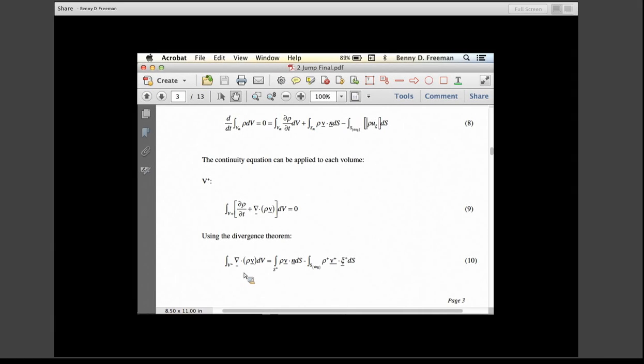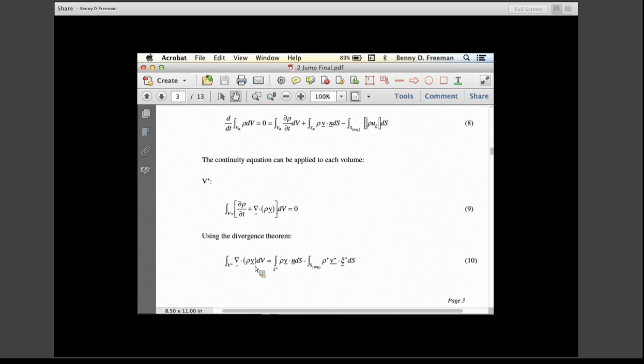And if you think about how mass would have to get into or out of a given region of space, or certainly into and out of this material volume, you can't generate mass inside the material volume, right? You can't generate new grams of material inside the material volume.